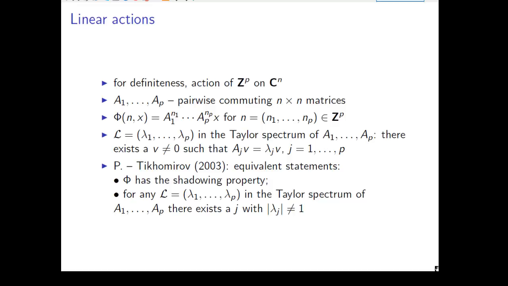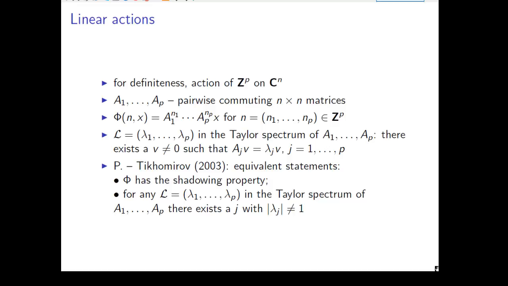Taylor is a specialist in functional analysis who introduced the spectrum for families of pairwise commuting operators, and this family of p complex numbers belongs to the Taylor spectrum if there exists a non-zero vector v such that this equality holds. So v is an eigenvector for any matrix A_k with its own eigenvalue.